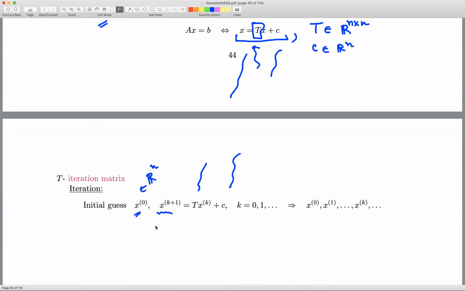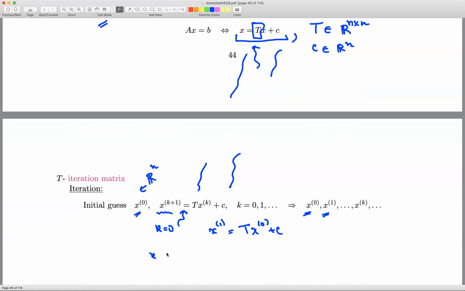When k is equal to 0, if we plug it in here, we have that x1, the first vector that we obtain, is equal to T applied to x0 plus c. This way, we start with the initial guess x0, and we obtain the vector x1.